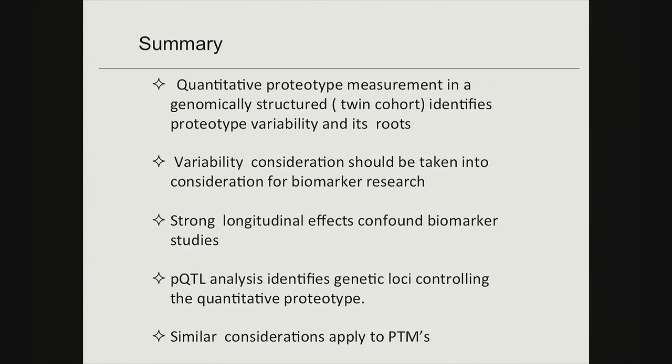Similar considerations apply also to PTMs. In fact, Yansheng, together with George Rosenberger, have developed a system to revisit these SWATH maps of these plasma proteins and find PTMs that have various fractions of genetic control.